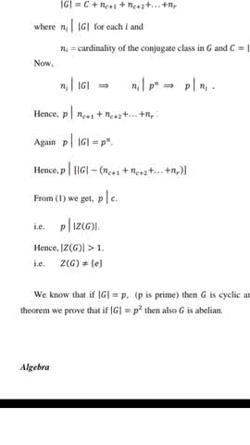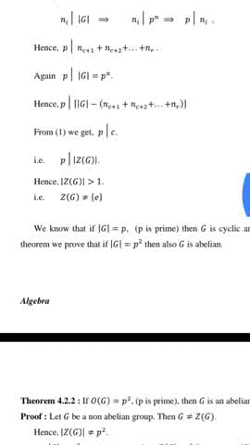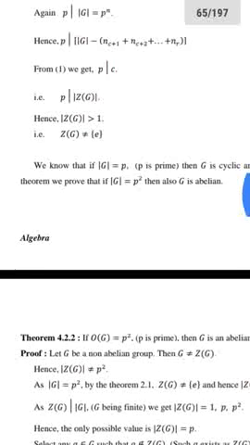This implies that p divides n(s+1) plus ... plus nr. Again, p divides the cardinality of G, which is p raised to n. Hence p divides the cardinality of G minus the sum of the ni, that is, p divides c. So p divides the cardinality of Z(G), hence Z(G) is greater than 1 and Z(G) is not equal to the singleton {e}.